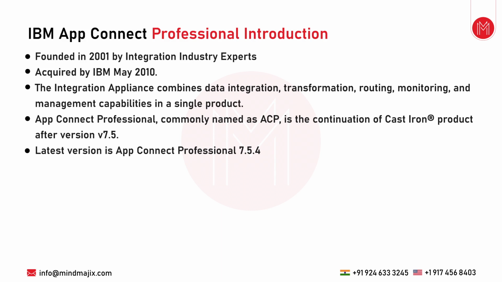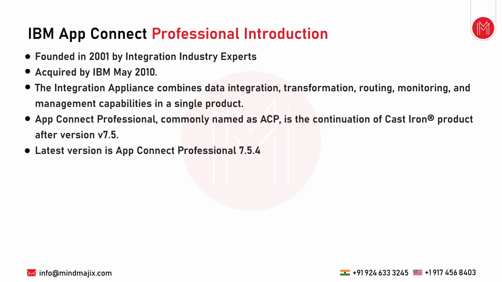Now about the IBM App Connect Professional introduction. Actually, for Cast Iron, there was a company called Cast Iron Systems, and they developed this tool. It was founded in 2001 and acquired by IBM in 2010. This tool is mainly used for data integration, transformation, routing, monitoring, and management capabilities.